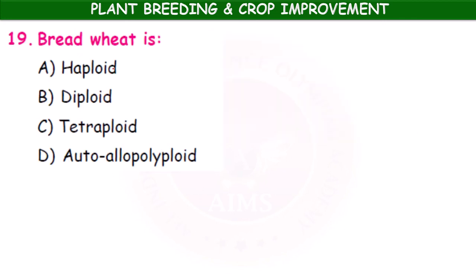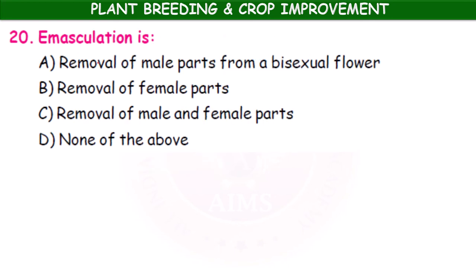The bread wheat is haploid, diploid, tetraploid, auto allo polyploid. It is an auto allo polyploid; wheat is the example. Emasculation is the removal of male parts from a bisexual flower, removal of female parts, removal of female male parts, none of the above.